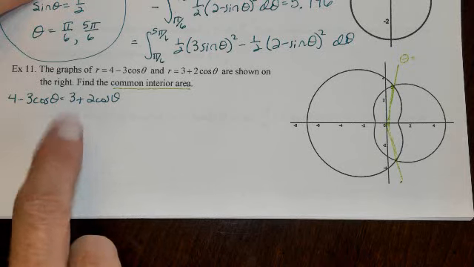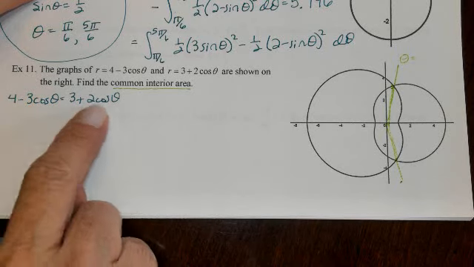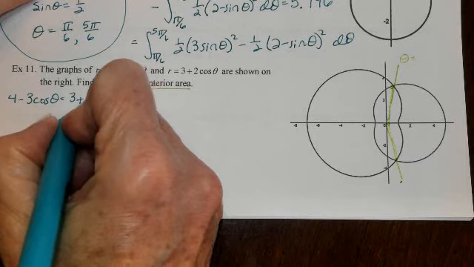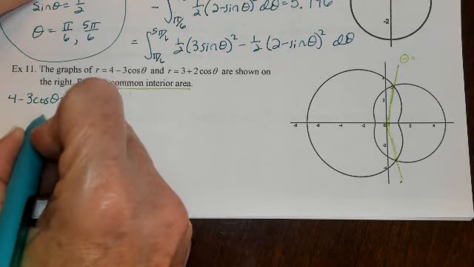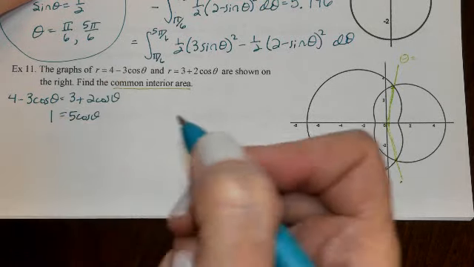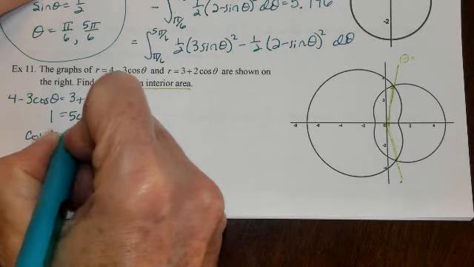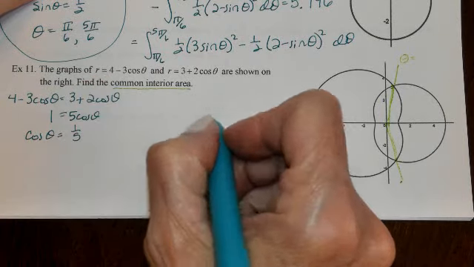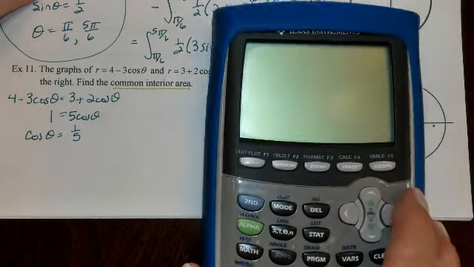So we add 3 cosine theta, so I have 5 cosine theta, and then subtract the 3, and I get a 1. This is one of the ones where we need a calculator. So cosine theta is 1/5.